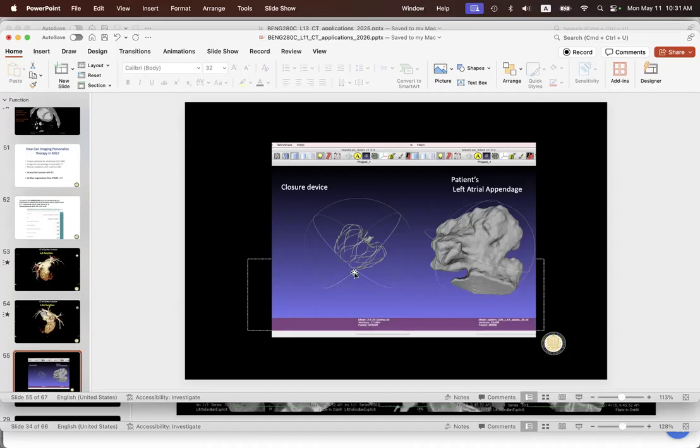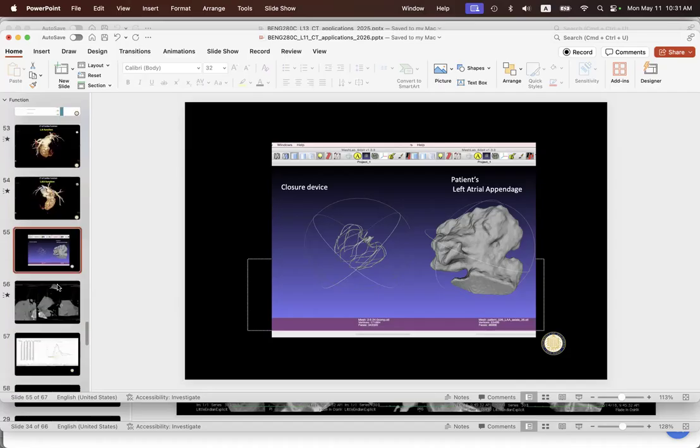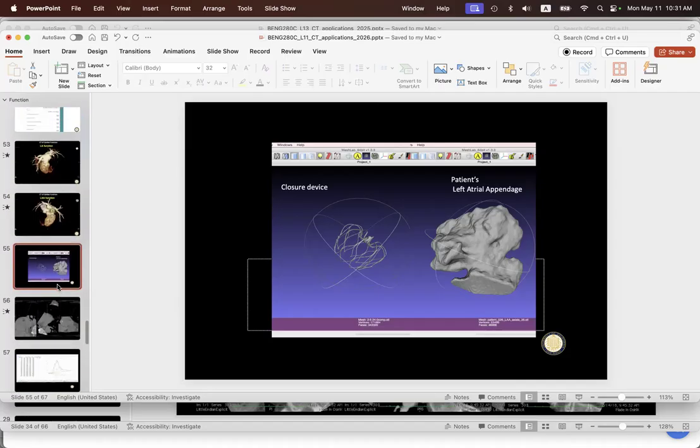So these are the struts of a closure device called a Watchman, and it has on top of these struts basically a fabric. And what is done is this whole thing can collapse down. Do I have a picture of a Watchman getting put in? I don't. Sorry.